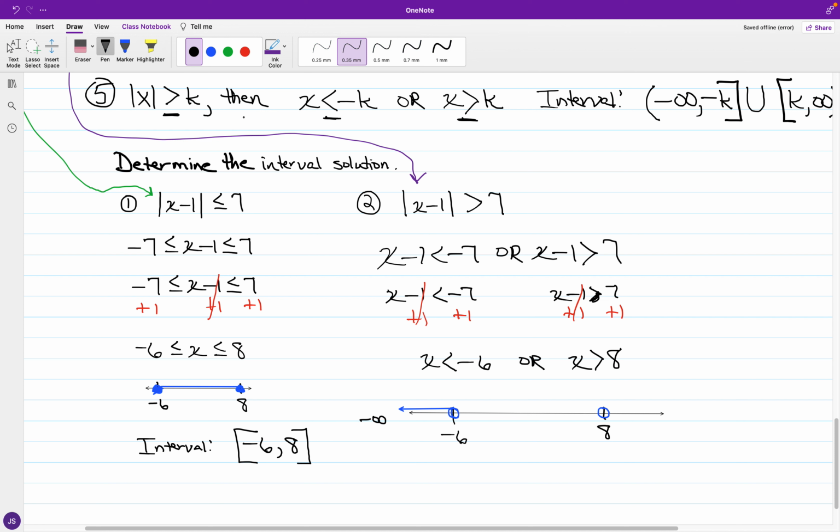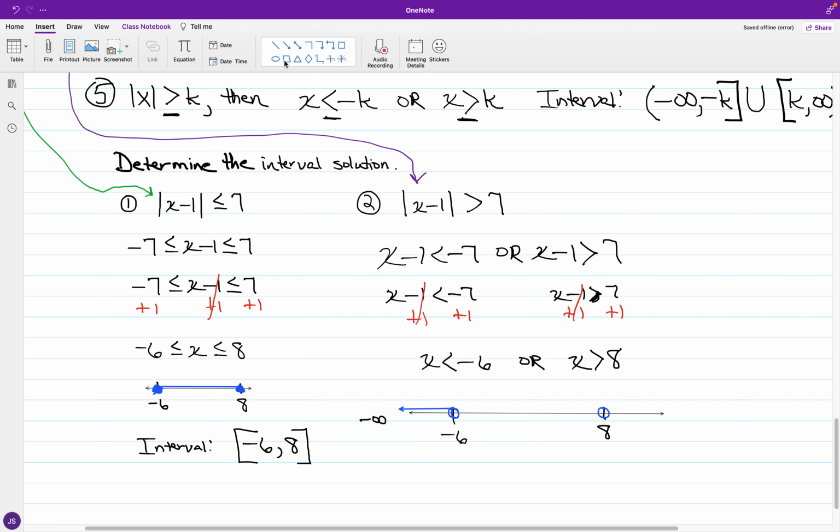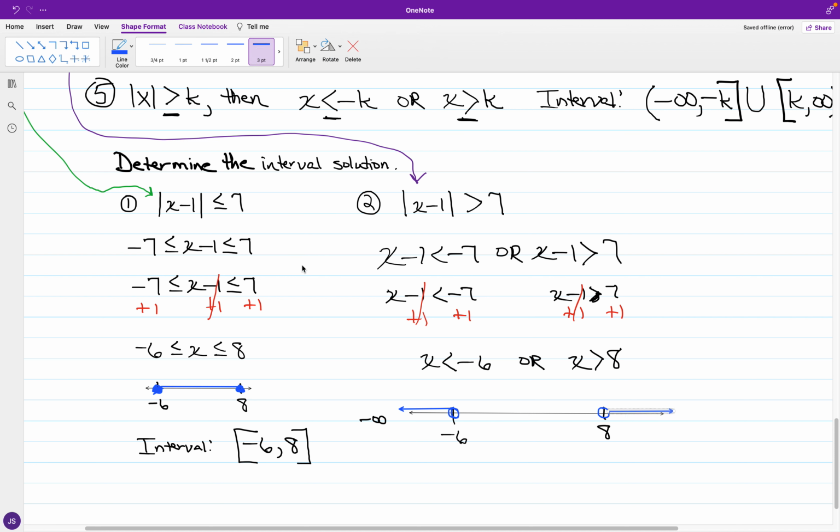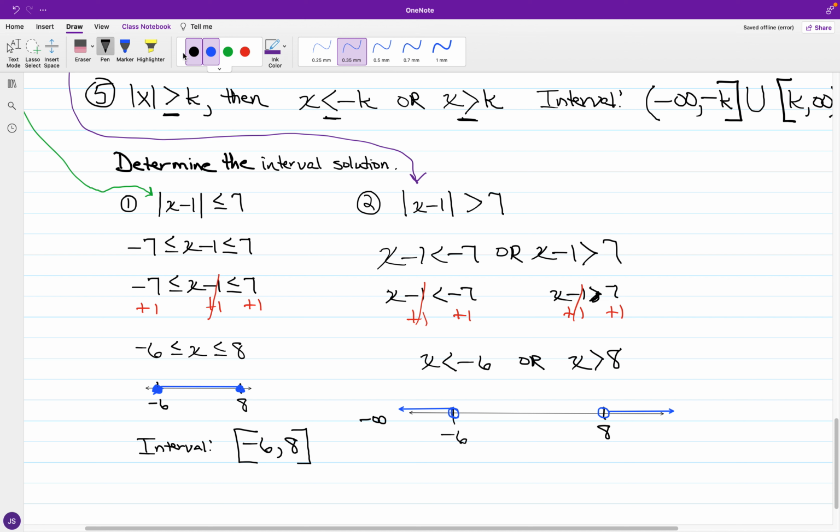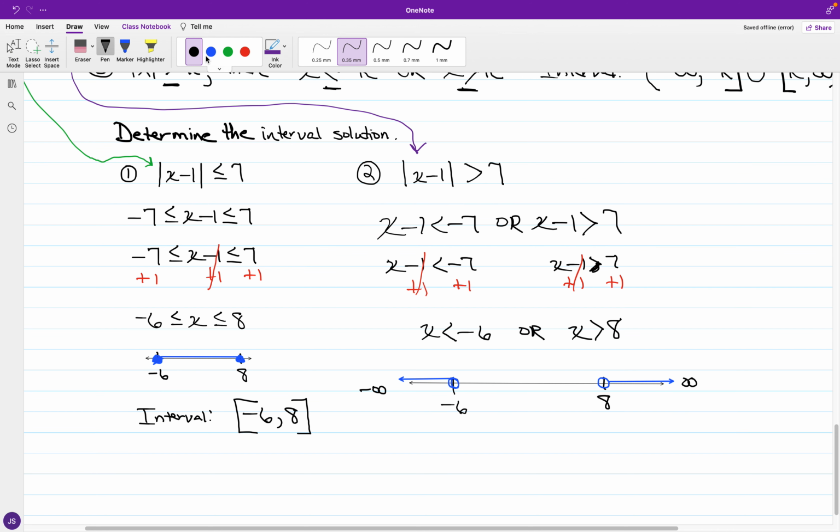And approaching negative infinity, whereas in case x is greater than 8, have a ray going out to the right and heading in the direction of infinity. Okay. And so in the case of the interval solution, notice we have two graphs apart from each other, and so there's going to be a union of distinct interval sections.